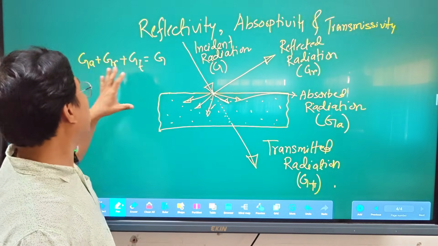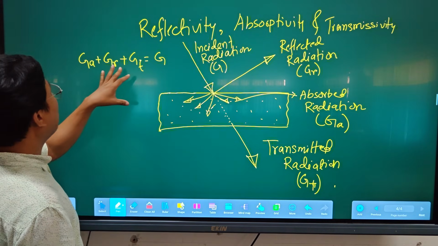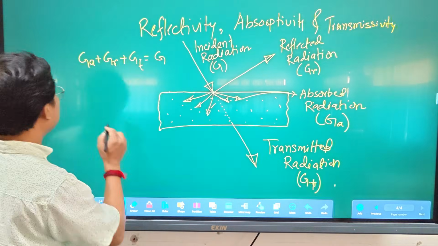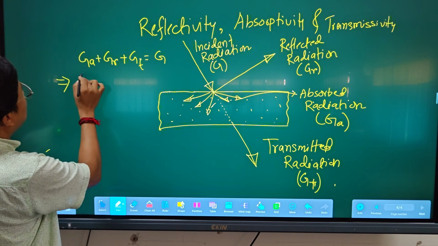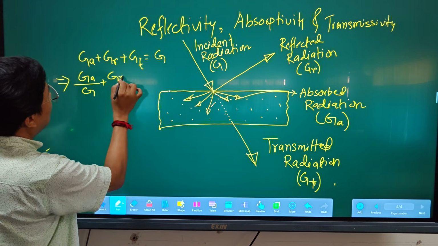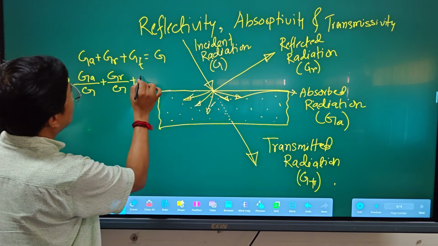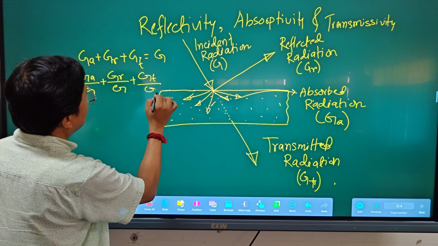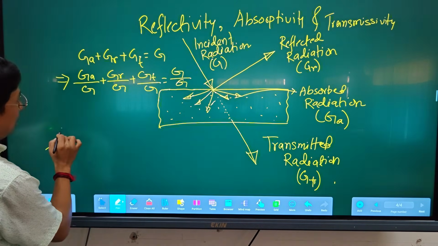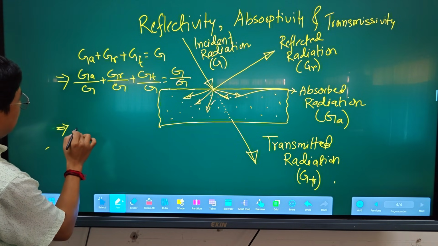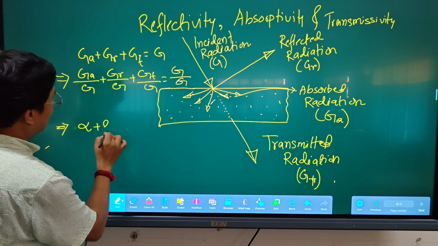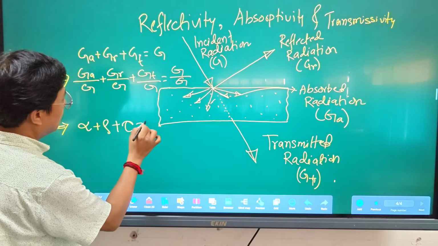So we have GA plus GR plus GT equals G as per the conservation of energy. Now we divide all terms by G, and we get alpha plus rho plus tau equals 1.